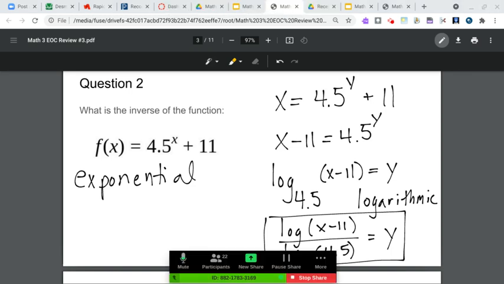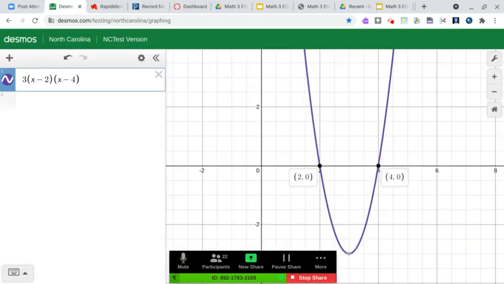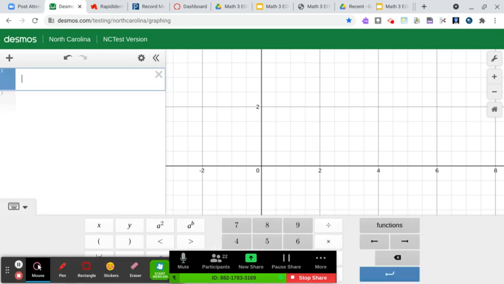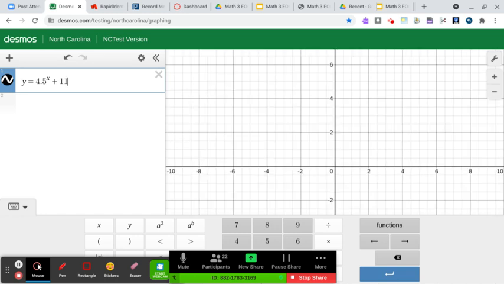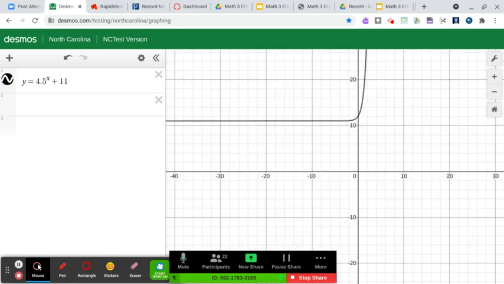Let me show you in Desmos what it would look like so that you can recognize that they are inverses. Y equals 4.5 to the power of x plus 11. Okay, so there's that one.